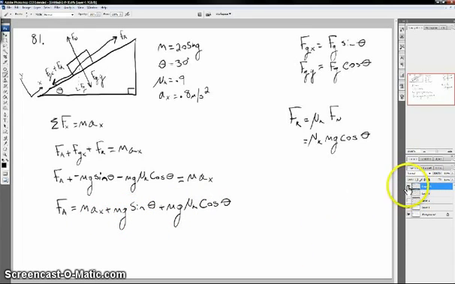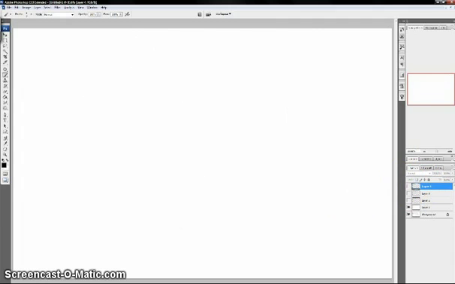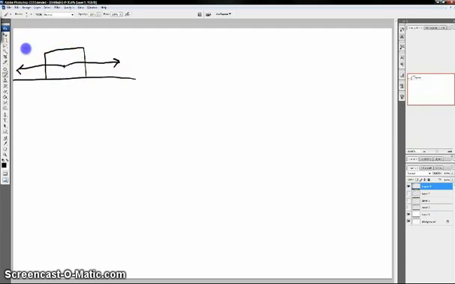The next problem that I want to go over is problem 44 from your homework. Problem 44 was in two parts, and it was dealing with an object that was on the ground on a level horizontal surface, and we're applying a force towards the left, and a force of static friction is resisting us.